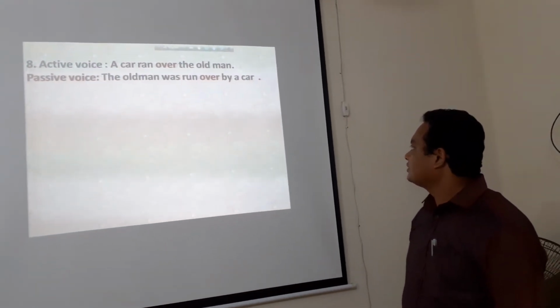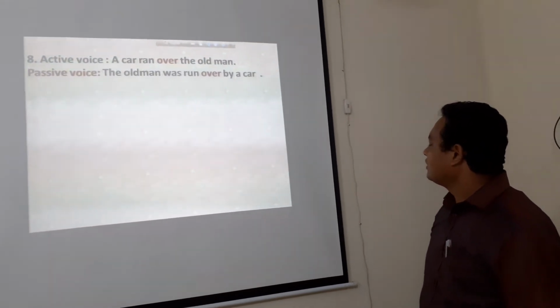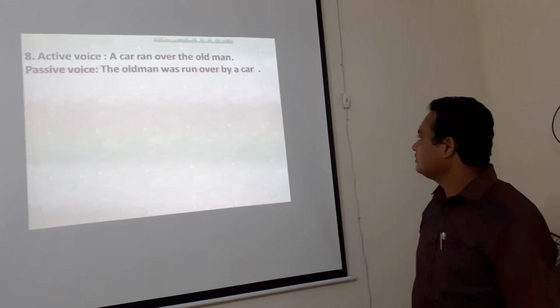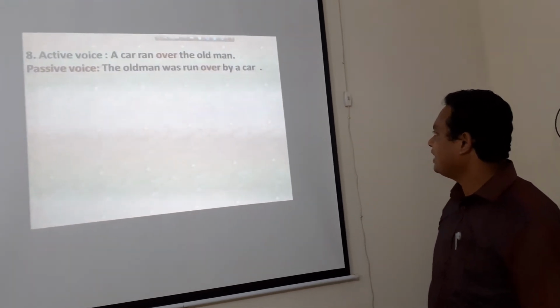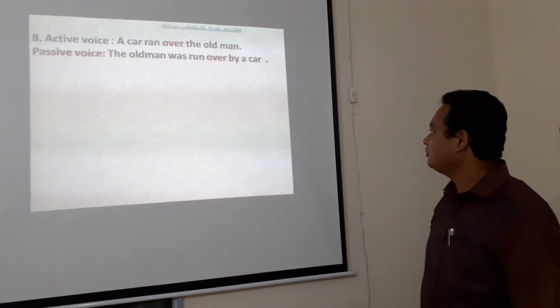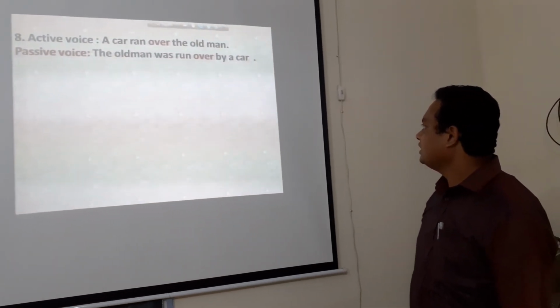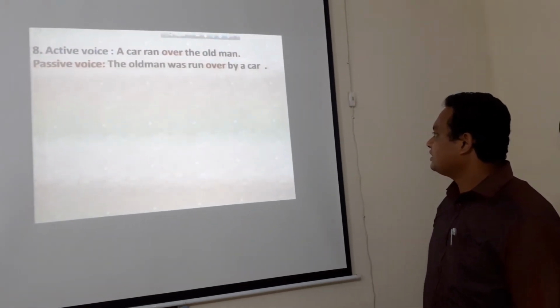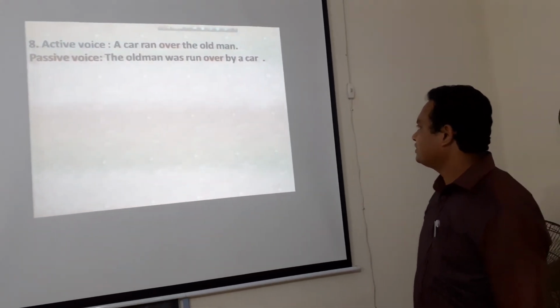The preposition is used before by. The old man, the object of the active voice, is used as the subject of the passive voice.